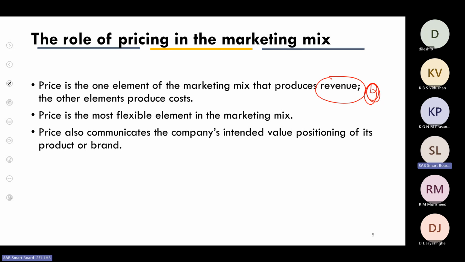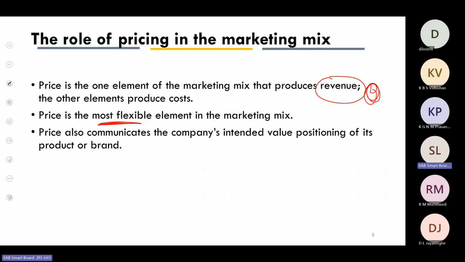Then the other thing is that price is the most flexible element in the marketing mix, right? Compared to other elements like product, distribution, and promotion, we can easily change the price.